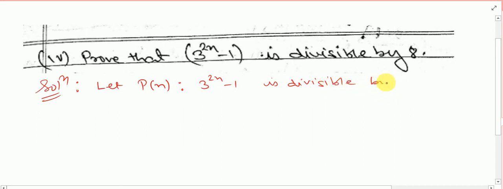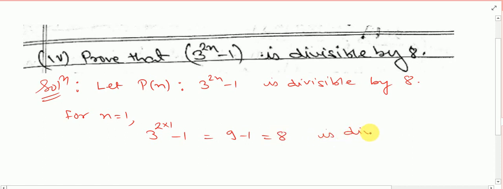Okay, now for n equal to 1, 3 to the power 2 into 1 minus 1 will get 9 minus 1 equal to 8, which is divisible by 8. Yes, therefore P1 is true. Clear?